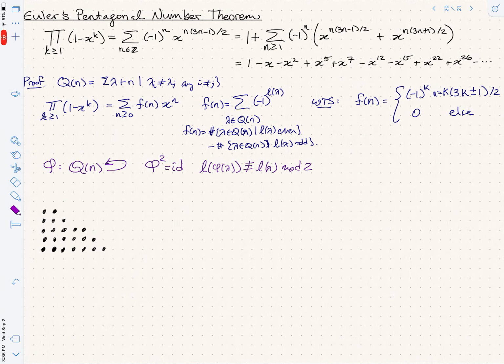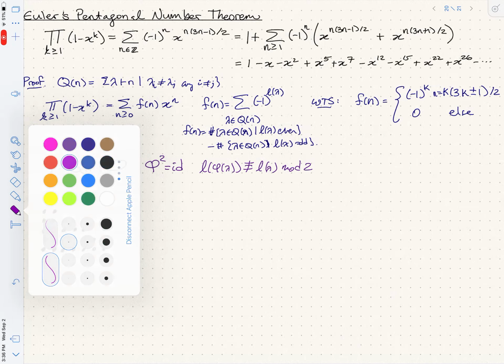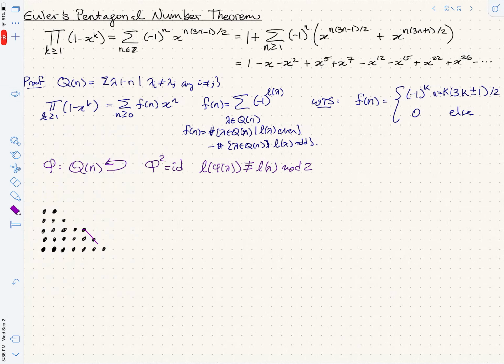So this is a partition into distinct parts. I'm going to think about two different values here. I'm going to think about this value here, which I'm going to call d of lambda. In this particular case, d lambda equals 3. So d lambda is equal to the maximum index i such that lambda i is equal to lambda 1 minus i plus 1.